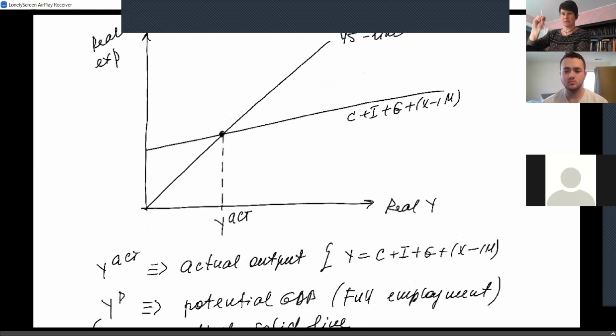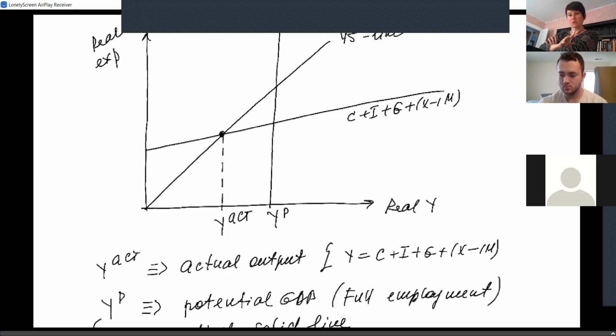So sometimes the actual GDP falls short of potential. And when we place the potential, it is to the right of actual, okay? Here is an important fact that I hope you will remember.